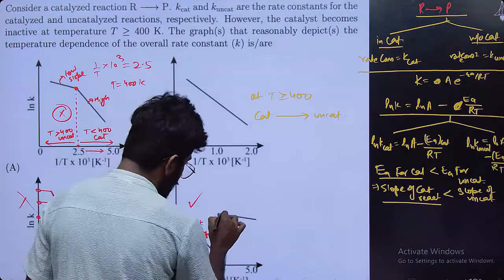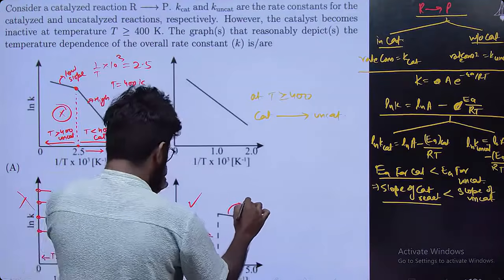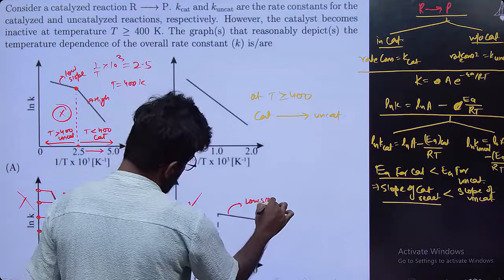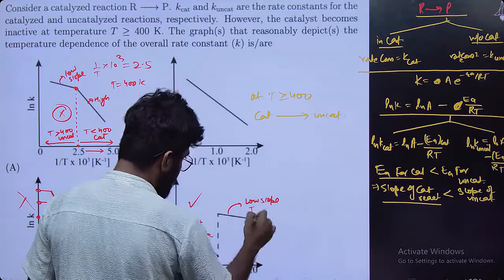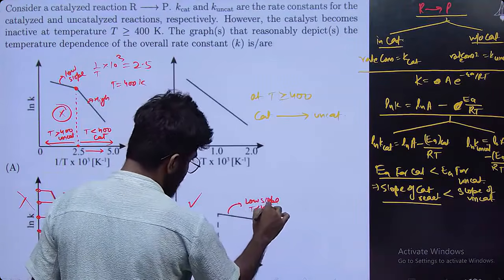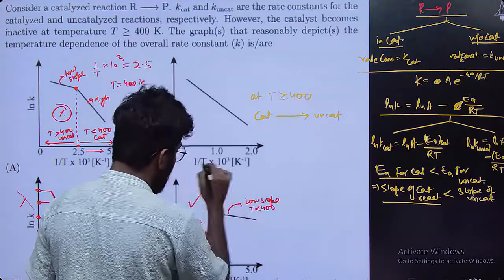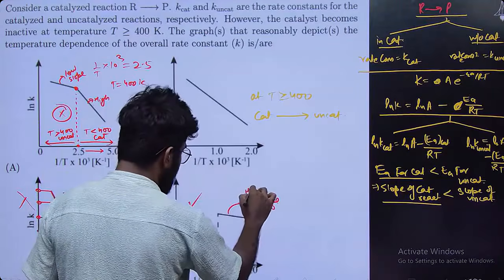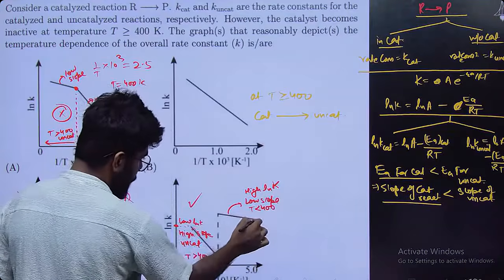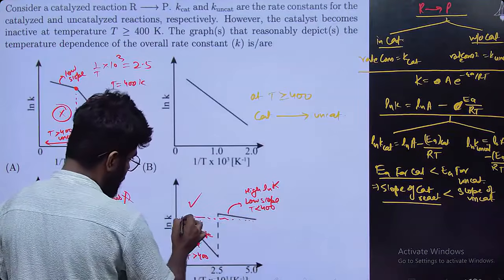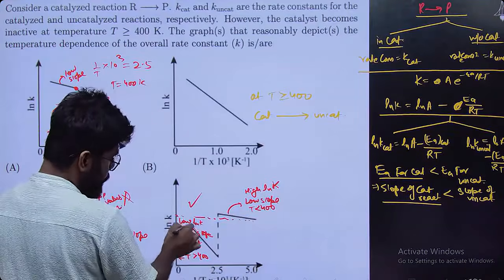But here, this one has a low slope, temperature activated, after temperature less than 400, right? And high lnk values at any point, compared to uncatalyzed. If you compare the lowest value of this catalyzed reaction, it will still be higher than the max value of the uncatalyzed reaction.